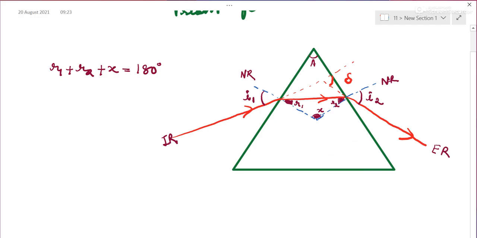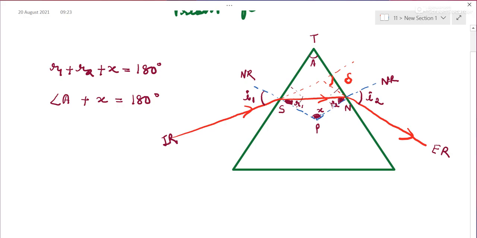Now similarly, angle A plus x is equal to 180 degrees. Okay, because in this quadrilateral, let it be TSPN, these two angles are 90 and 90. This is 90. This is 90.